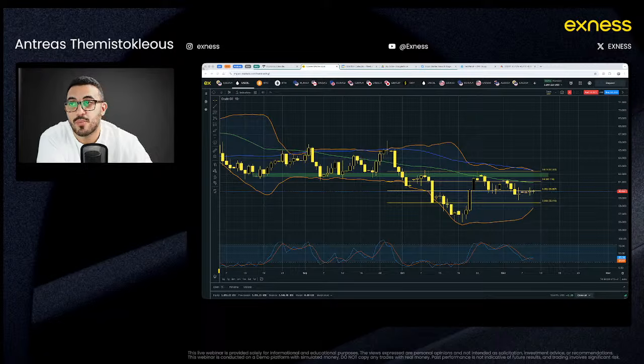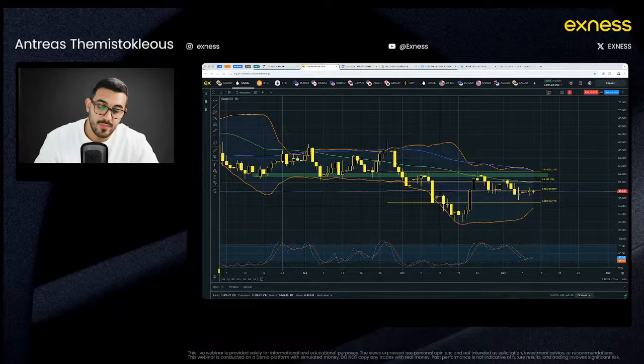You see here, let me zoom in a little bit, the price today has intraday gone above the 38.2 but has come back down, right? So that means we have some strong resistance here on the price.